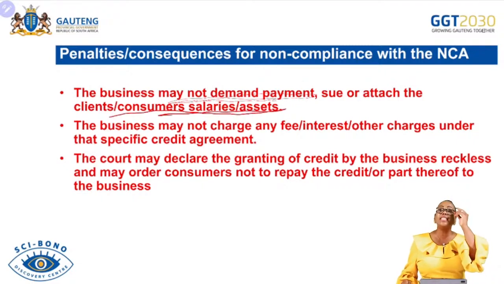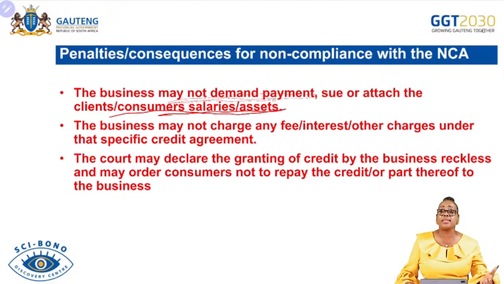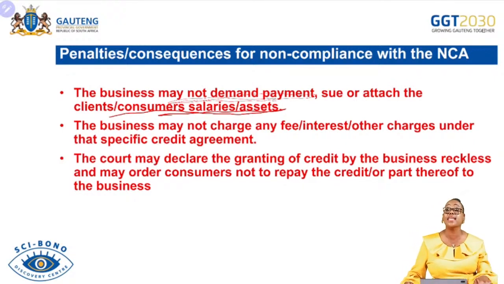In other words, if for instance it did not follow the procedures according to FICA, if they are not coming up with the correct procedures in terms of granting credit to their customers without checking their credit records, that business, should those customers not manage to pay, because sometimes customers are aware that this company is not authorized. So the penalty is that company, even if it can take customers to court, it's not going to be helped in terms of assisting them to recollect. So the business may not demand payment.